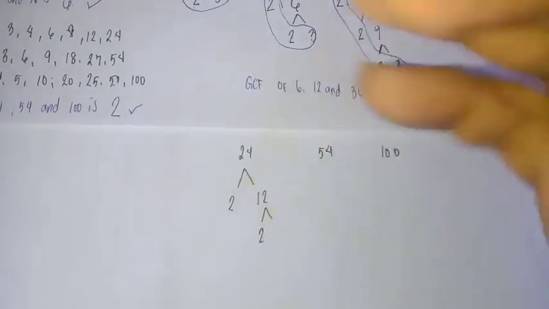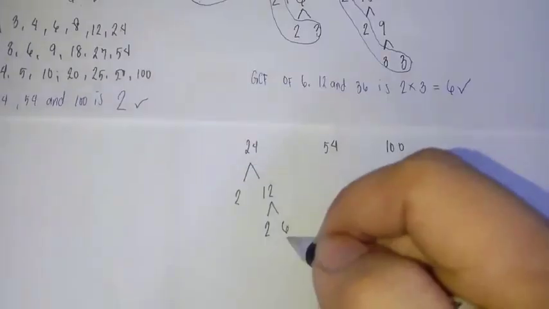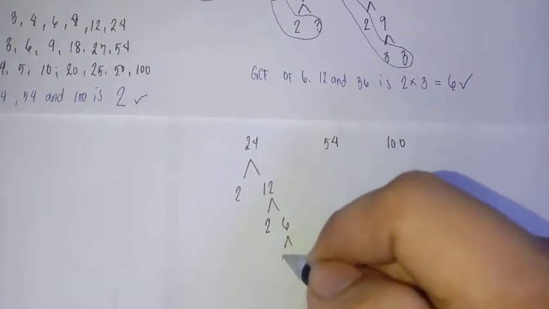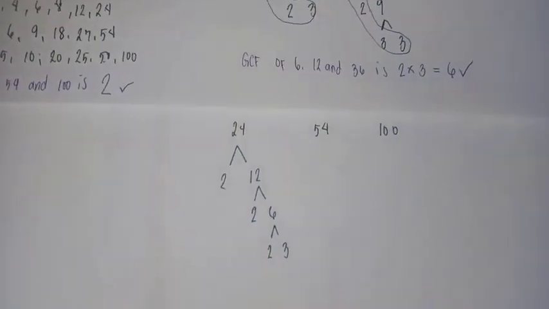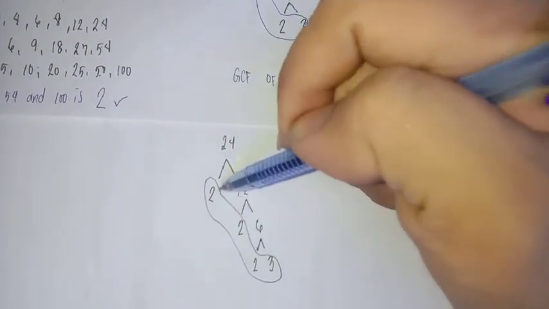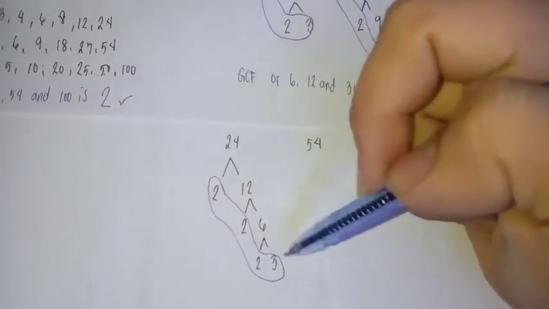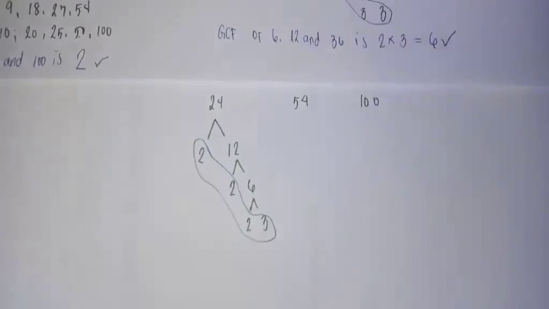The prime factors of 12 are 2 and 6. 6 is composite, which has factors of 2 and 3. So therefore, the prime factors of 24 are 2, 2, 2, and 3, since 2 times 2 times 2 times 3 is 24.